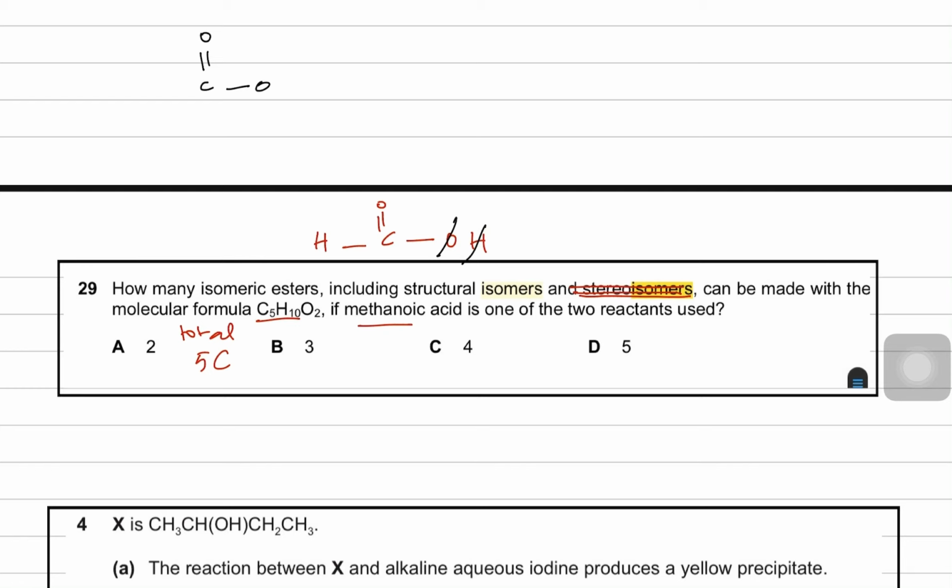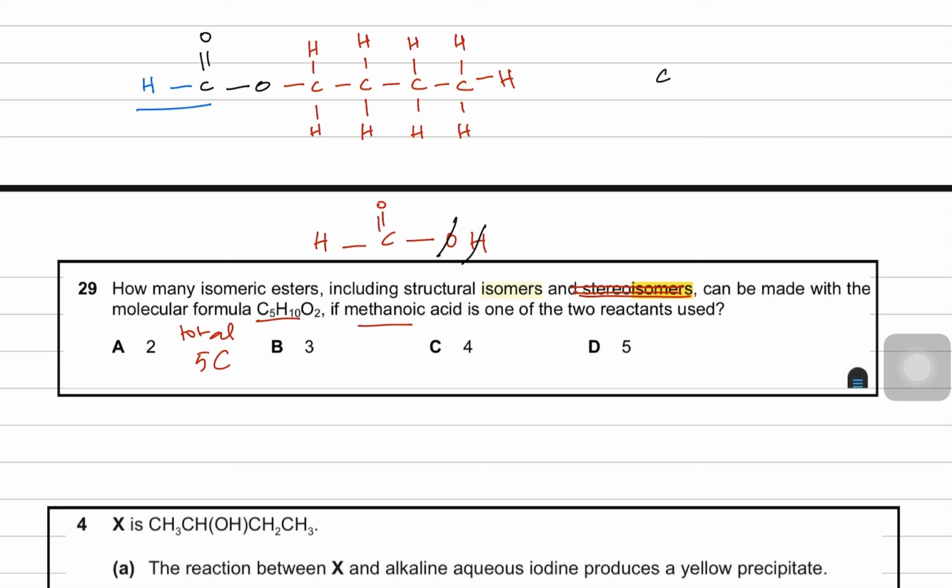So we can have a hydrogen here, which is the methanoic acid portion, and now we can have the rest of the 4 carbon atoms in a single chain. So overall it's a 5 carbon molecule with an ester functional group. It has 4 carbons on the alcoholic side and the 5th carbon is on the methanoic acid side. So the first ester can be drawn like this.